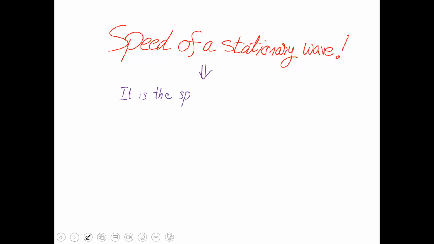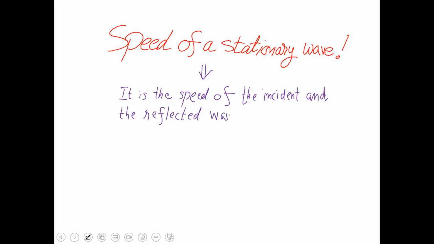So it is the speed of the incident and reflected waves.